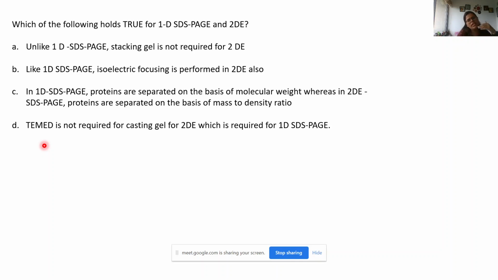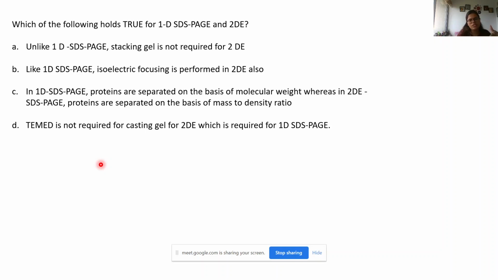Here also you are using SDS-PAGE, but in two-dimensional, first you separate the protein based upon isoelectric focusing. So that is your one dimension. Once it is done, then again, like SDS-PAGE, you are separating based upon its molecular weight. So it is the same as SDS-PAGE.